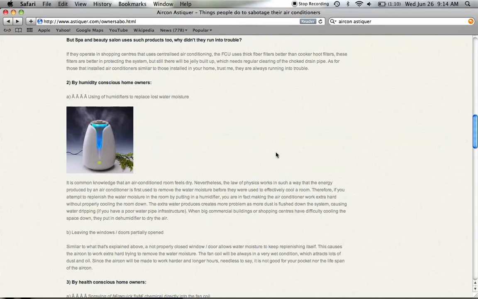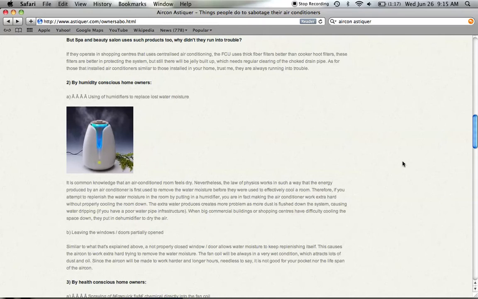The surface temperature of all fan coils is engineered to be between 12 to 16 degrees Celsius, because at that temperature it corresponds to a humidity of probably about 40%, which is thought to be a comfortable humidity. Air conditioners need to remove the moisture to the level of the fan coil first, before the energy is used effectively to remove the temperature from the room.